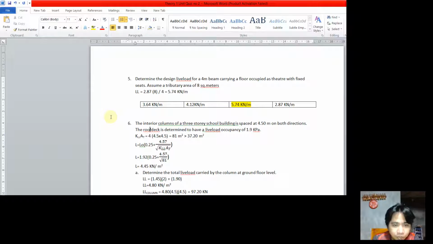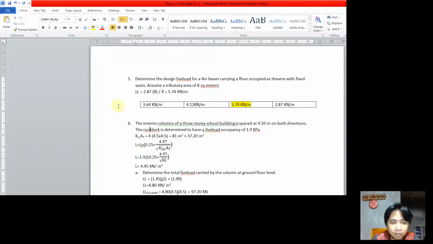So we use this formula, L is equal to LO times 0.25 plus 4.57 all over square root of the influence area. So the influence area is the live load element factor times the tributary area. So as we all know, the live load element factor is equal to 4 for an interior column.